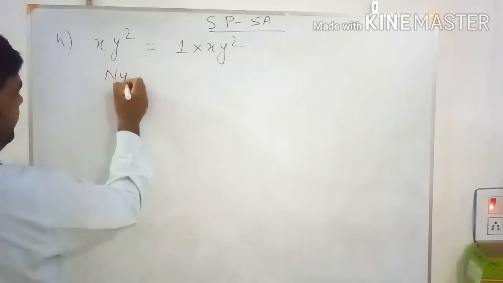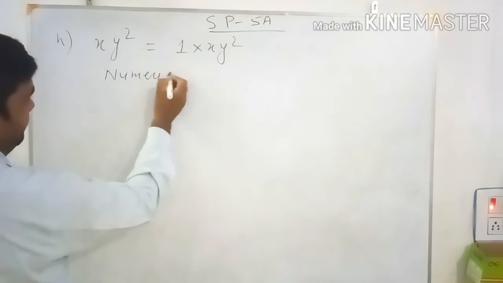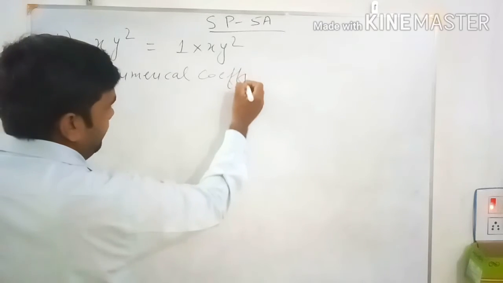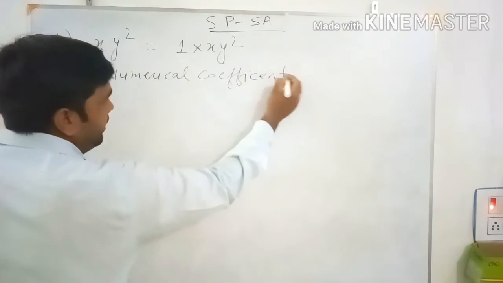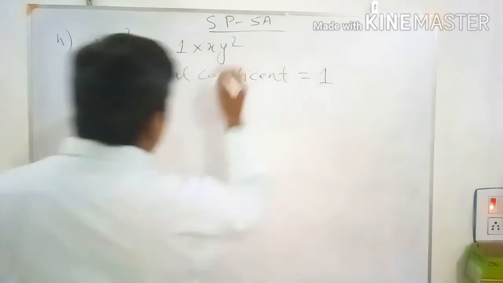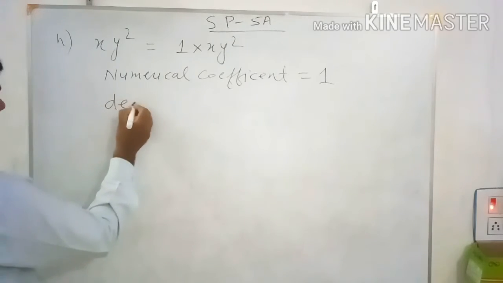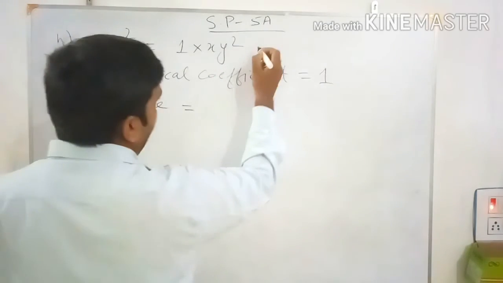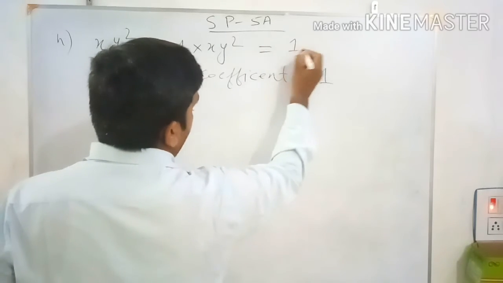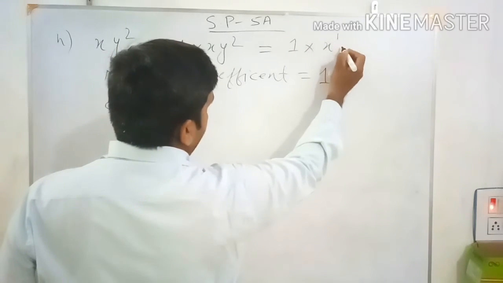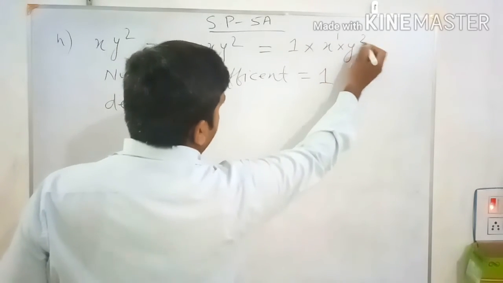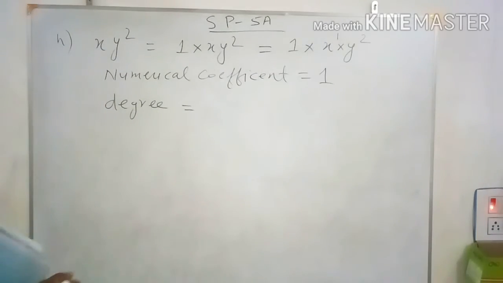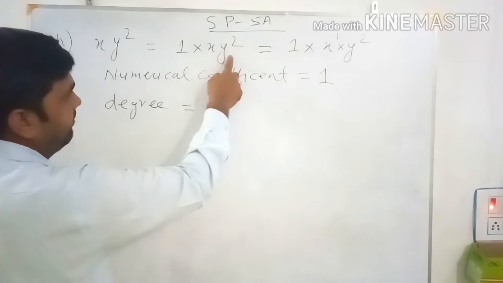Numerical coefficient equals 1. For the degree, it can be written as 1 multiplied by x to the power 1 into y to the power 2. Add these two powers because x and y square are multiplied with each other.